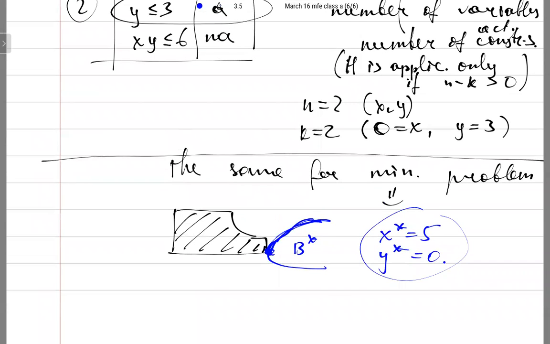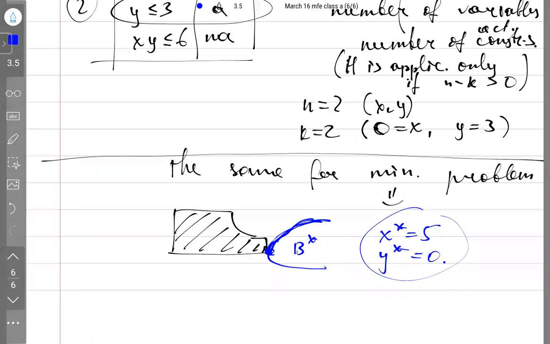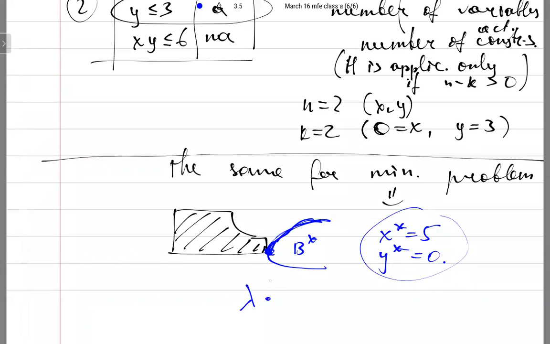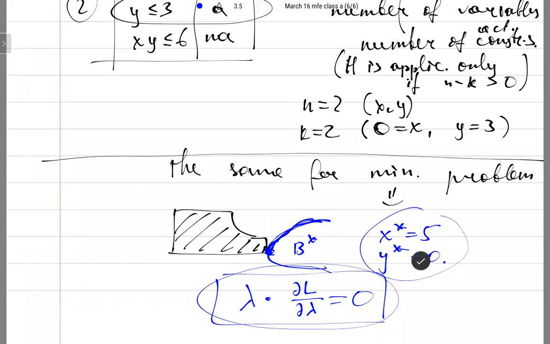So if I'm not required to use the Lagrange multiplier method, then bingo, I have done everything using graphs. If I'm required to use it, then once again, from the graphical approach, I can use this big idea: Lagrange multiplier times the left-hand side of the inequality should be 0.